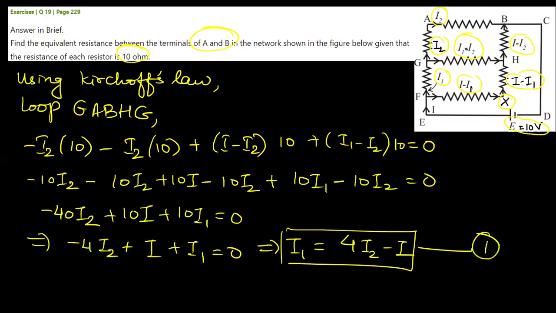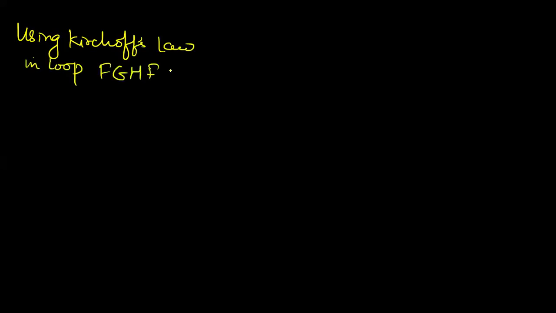If you go to the next loop, the second loop I will take is the lower loop, FGHXF. So use Kirchhoff law in this loop. Look at this very carefully: I get minus 10I1 minus (I1 minus I2) into 10.